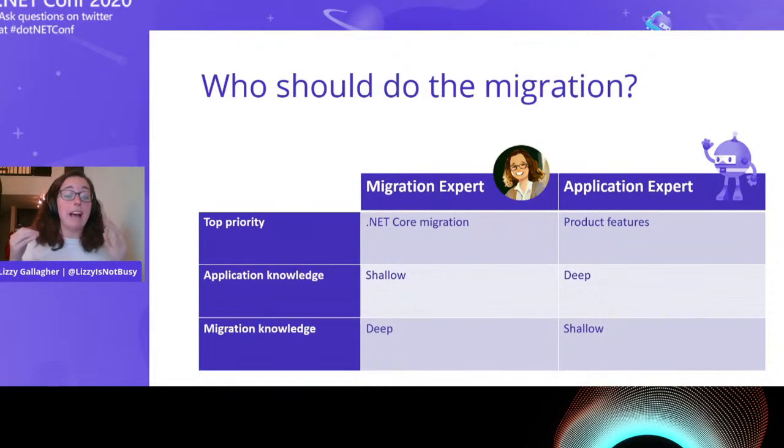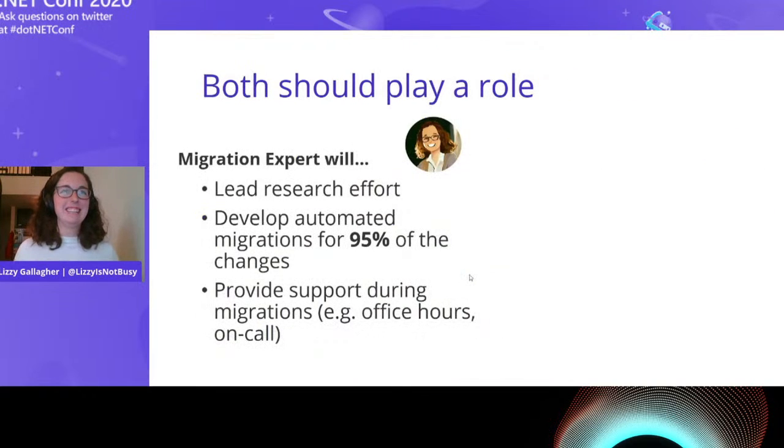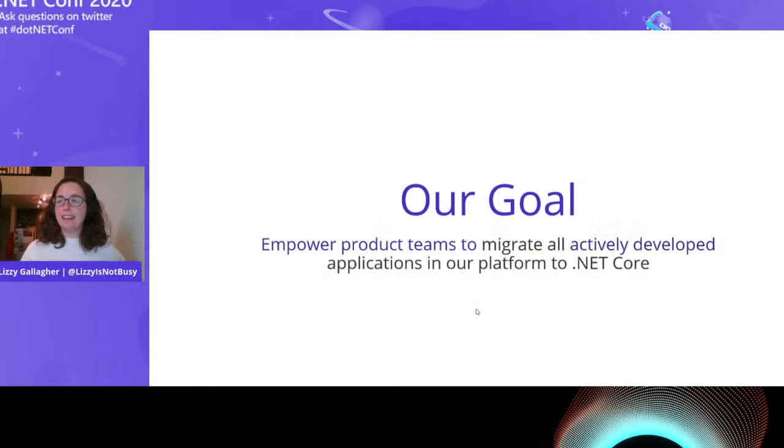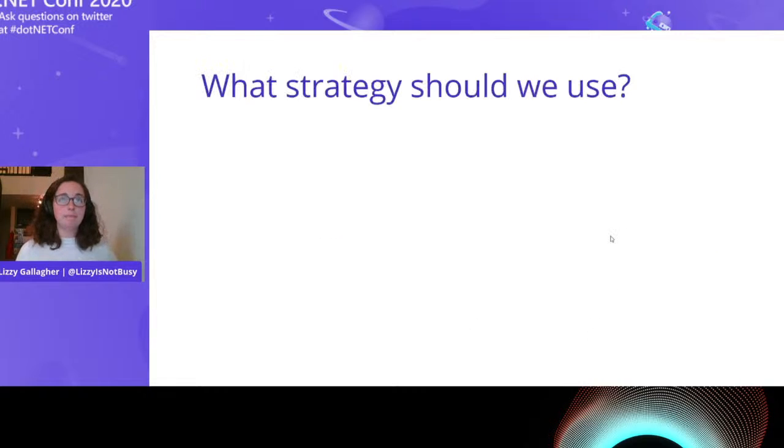All right, so after we decided on this hybrid system of responsibility, we again edited our goal. So if our goal was previously to migrate all actively developed applications in our platform to .NET Core, we changed it to empowering product teams to do the same. So we did have one last decision to make.